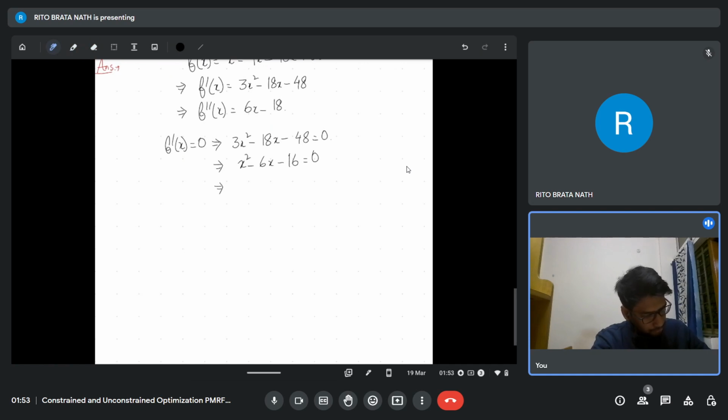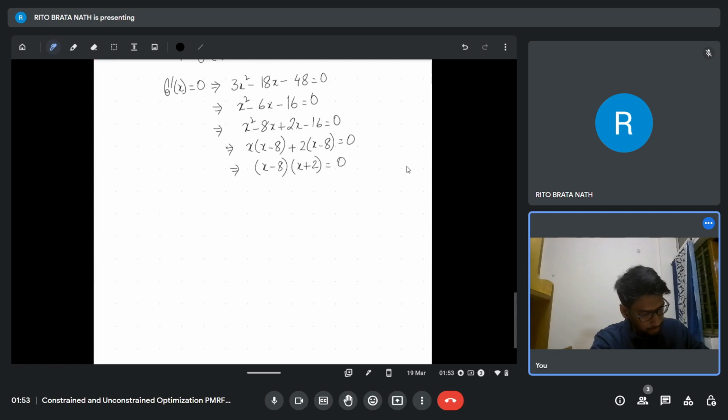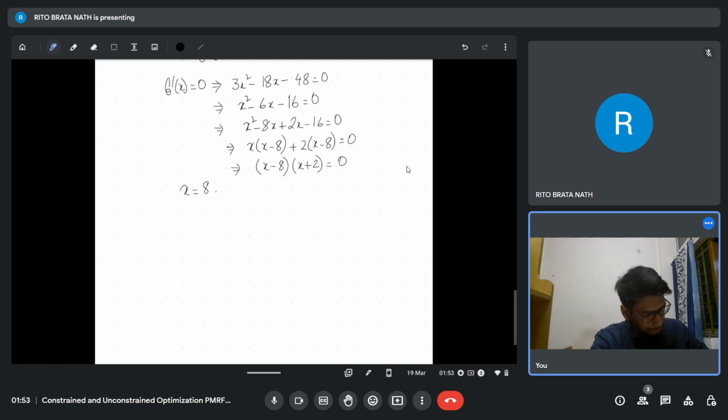So this will be (x minus 8) times (x plus 2). That means x equals 8 and minus 2 are the stationary points.